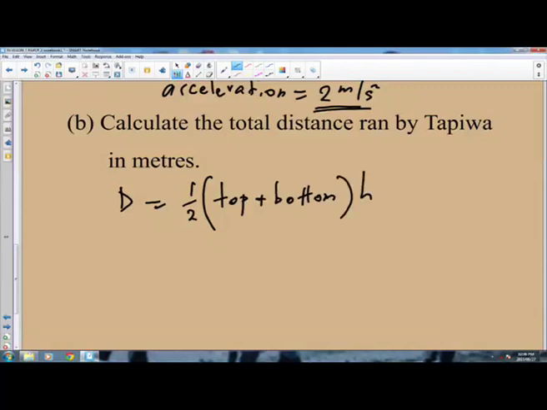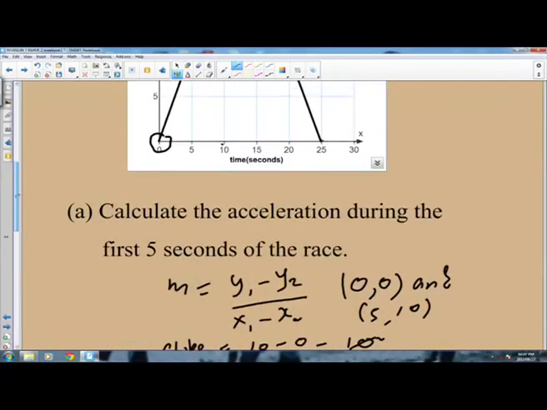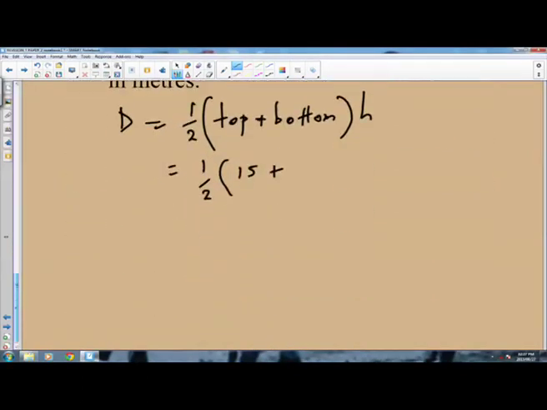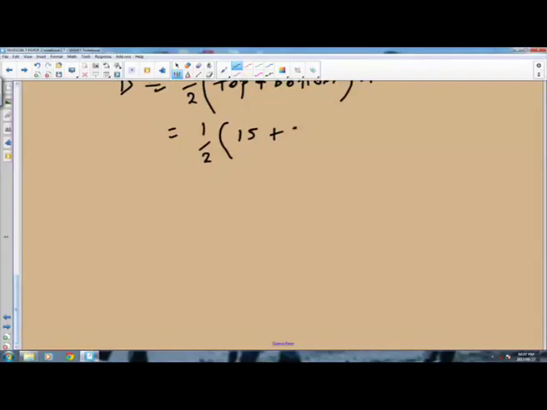So this will be half times the top, 15, plus the bottom, which is 25 units. It will be 15 plus 25, close the bracket, times the height. And then what is the height?